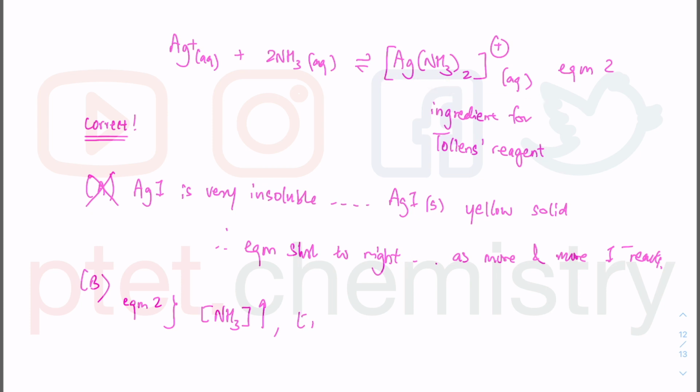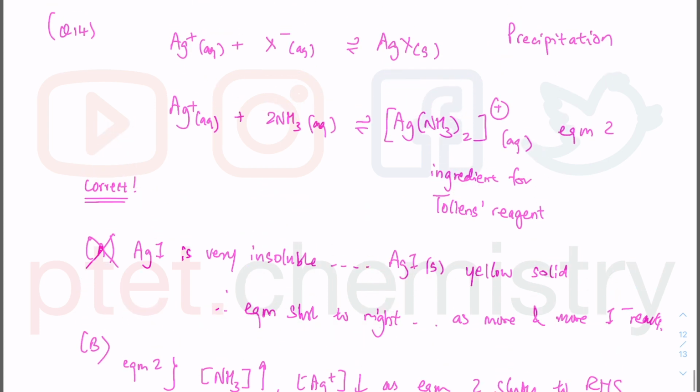That means your Ag+ will decrease as equilibrium 2 shifts to the right hand side. And if your Ag+ decreases in concentration, then equilibrium 1 will shift this way in order to increase the concentration of Ag+. All right, so they are interrelated here.